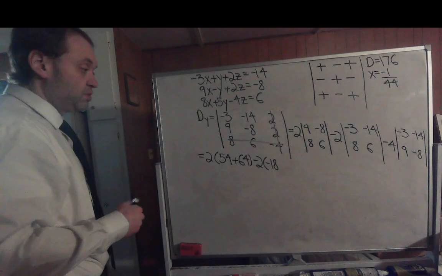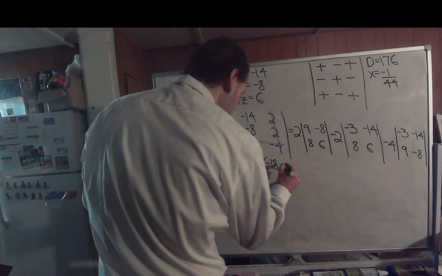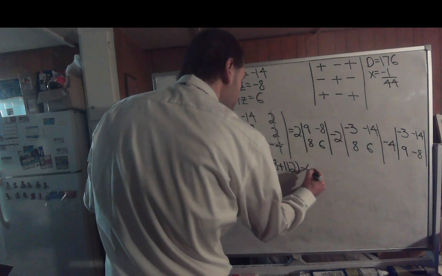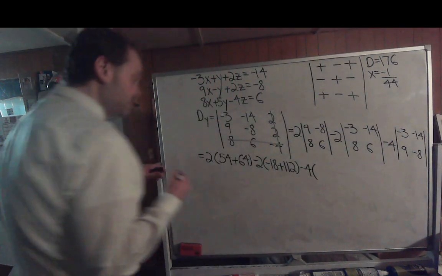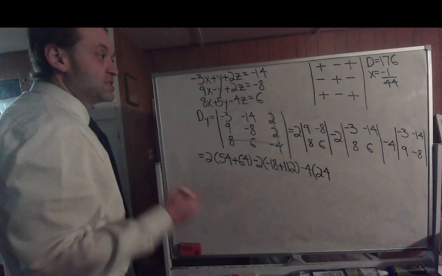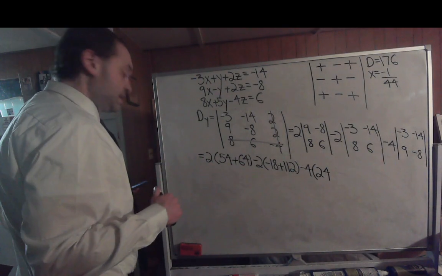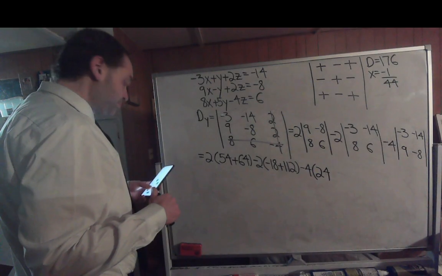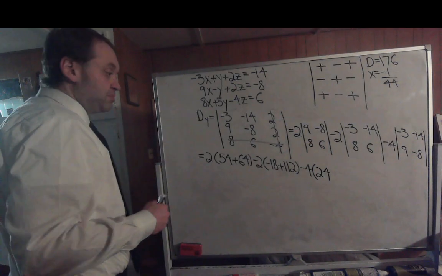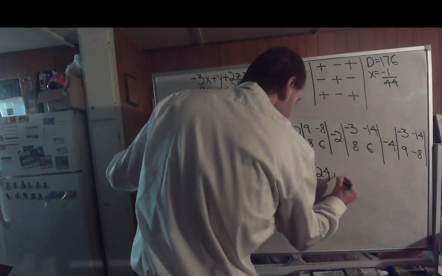That'd be 112. So plus 112, then minus 4 times the resulting third determinant. Negative 3 times negative 8 is positive 24. Minus negative 14 turns into 14 times 9. That's going to be plus 126. We're going to have some big numbers here.